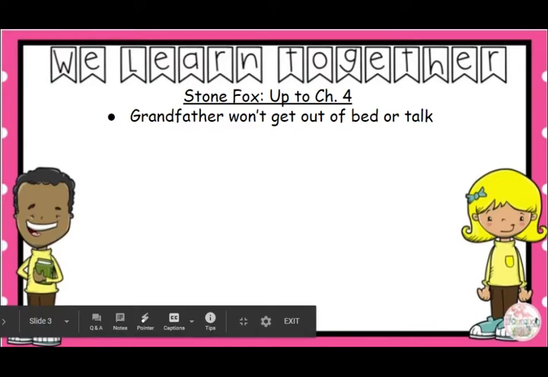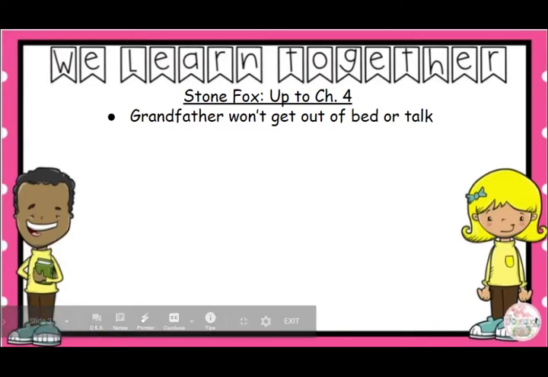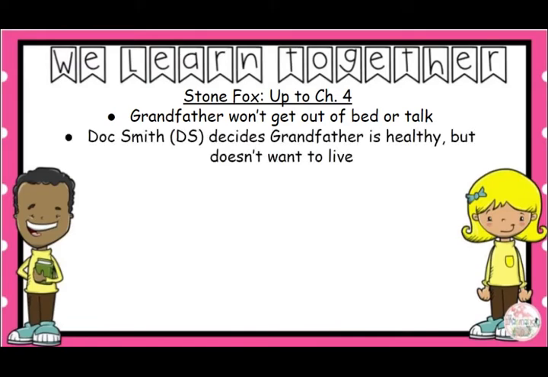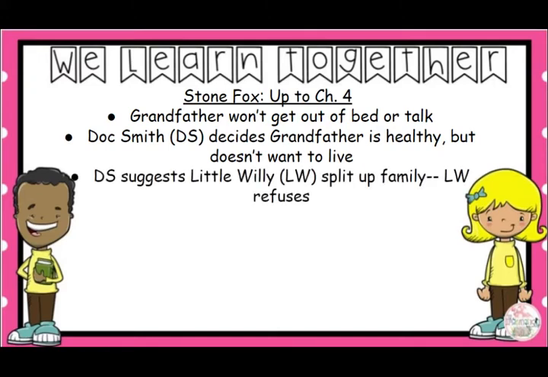So after grandfather won't get out of bed or talk, do you remember who little Willie goes and sees? Yep, Doc Smith. So Doc Smith decides that grandfather is healthy, but doesn't want to live. So what does Doc Smith suggest? Yep, that little Willie split up the family. And little Willie refuses.